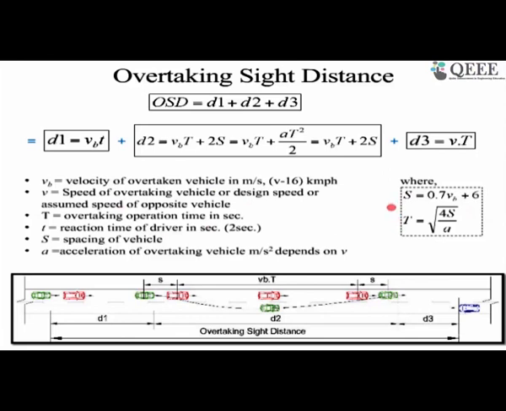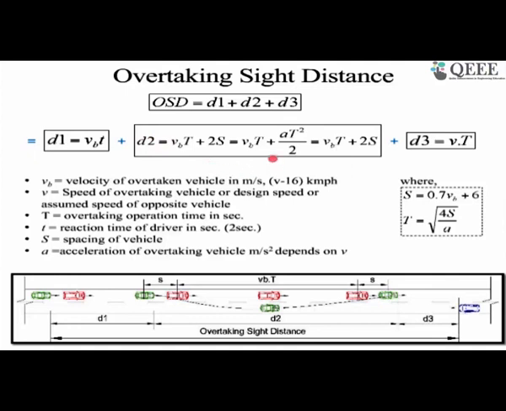There is an empirical formula for this: S is 0.7 times VB plus 6. This is the empirical formula to find out the spacing. Based on this spacing and the acceleration rate, the total time to complete this is capital T. And capital T is estimated by this formula, root over 4S by A. So we know T, we know S from these two formulas, and then definitely we can calculate D2.